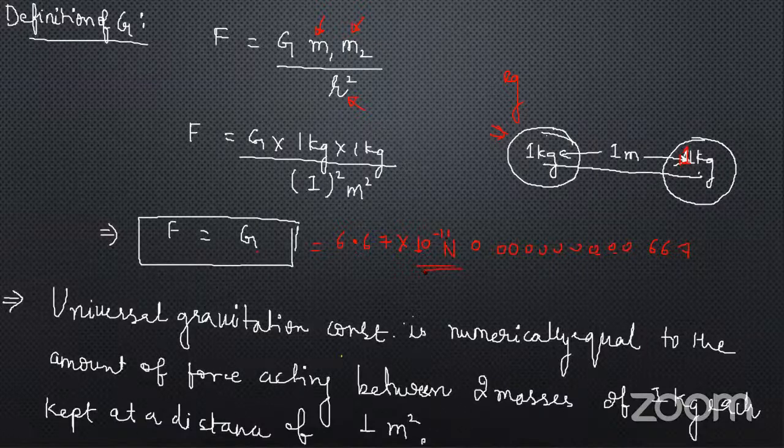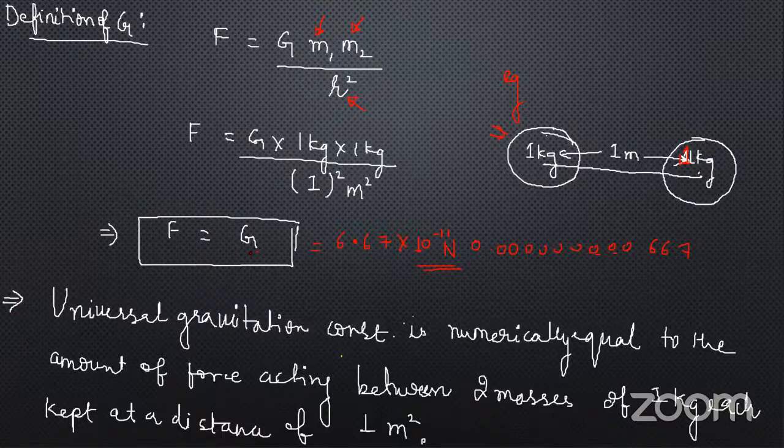This is a very small force, so small that we cannot even see or analyze it. That is why, if someone asks why things kept near you are not attracted by you, it is because my mass and the mass of the chair kept in front of me are very small.